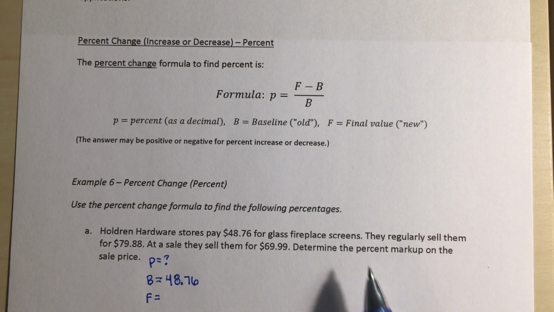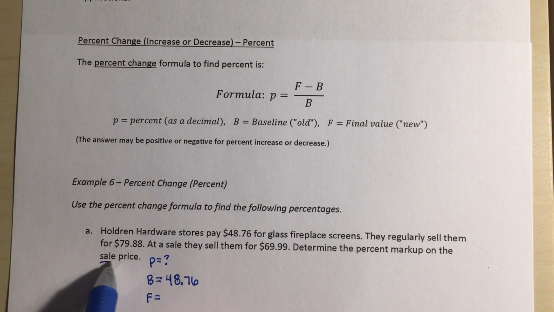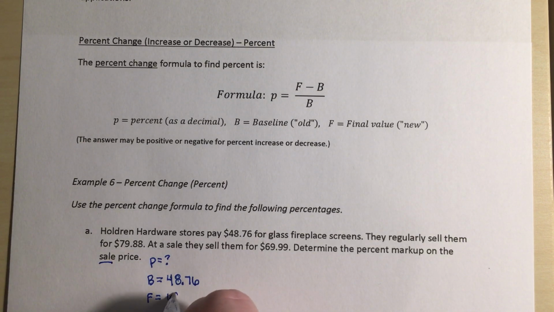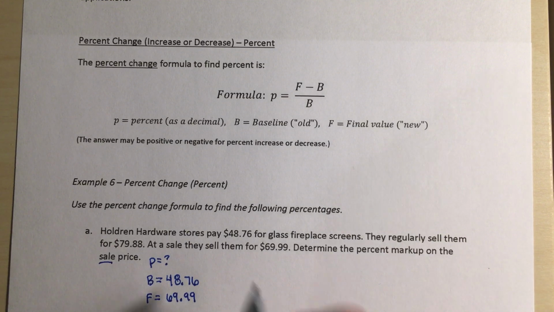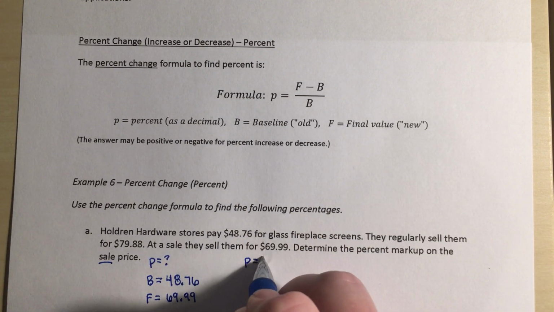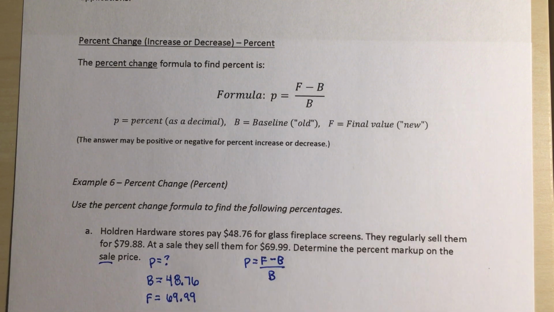But we don't really care about their regular price. We're asked about the percent markup on the sale price. So since we're thinking sale price, our other price that we're going to use is this $69.99. Then we're going to use this formula that was up above: P equals F minus B over B.